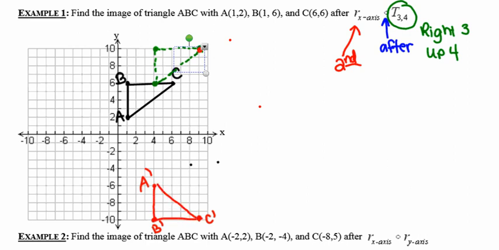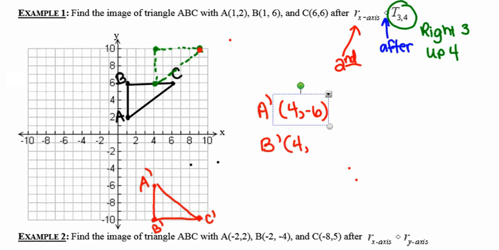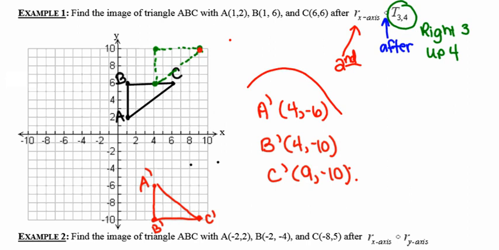So my coordinates after that composition become A prime with coordinates 4, negative 6, B prime with coordinates 4, negative 10, and C prime with coordinates 9, negative 10.